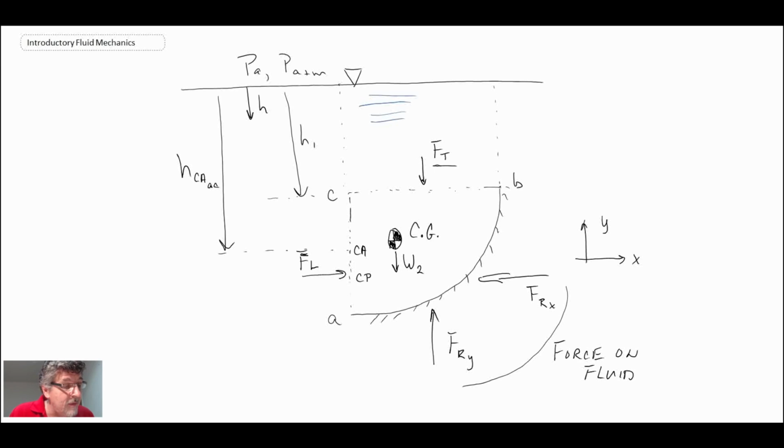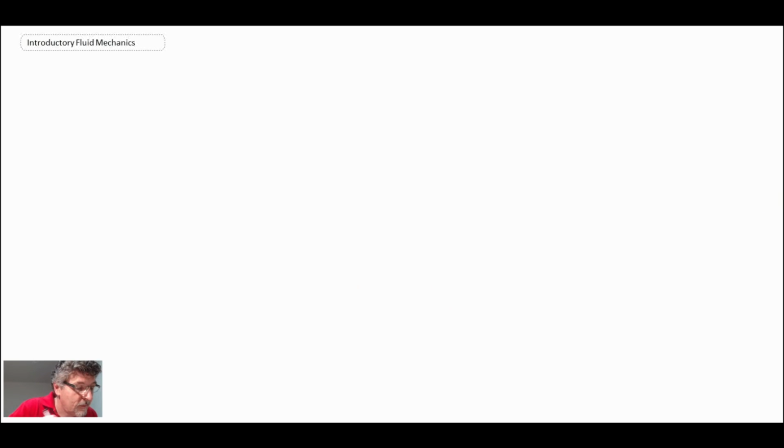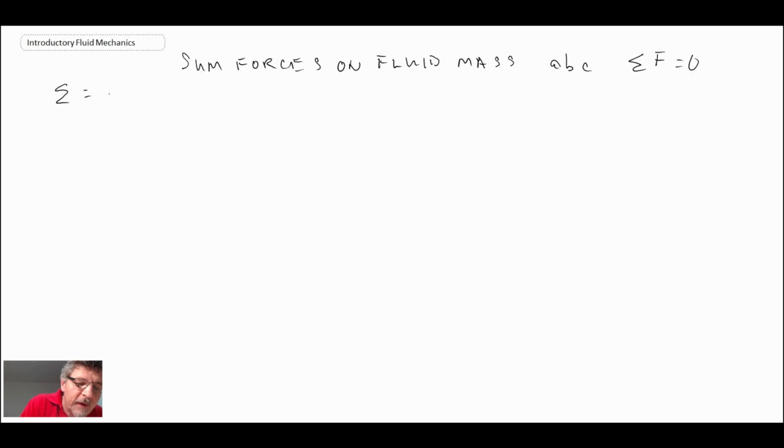The way that we're going to begin the analysis is we're going to sum forces on the fluid mass ABC. That will be the chunk of fluid that is essentially right inside of this area that is drawn out with the curved surface. When we sum forces, we equal them to 0.